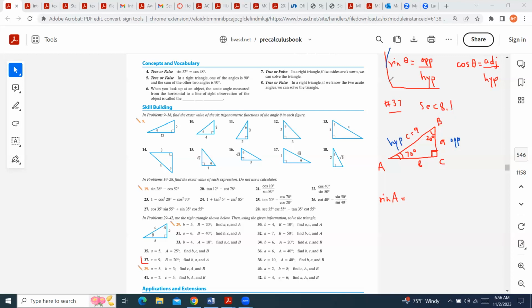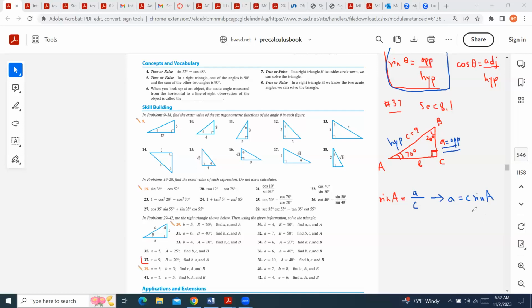So I need to divide the opposite by hypotenuse. So I'm going to divide lowercase a by C. And then I can pull out what I need. And I need here side A. So just multiply by C, sine of angle, capital A. And then plug numbers in.